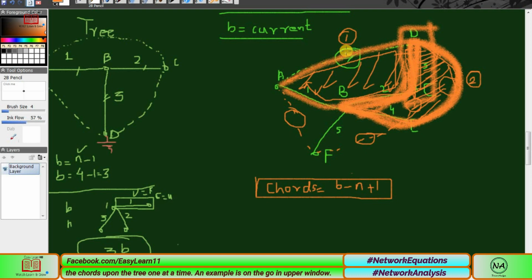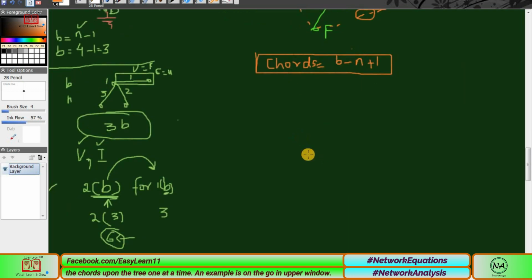For the sake of an example of the identification of independent loop currents, we are going to consider another very important graph, but this time I am going to make it a little more open type of graph, so that it is easier to understand and easier to explain.